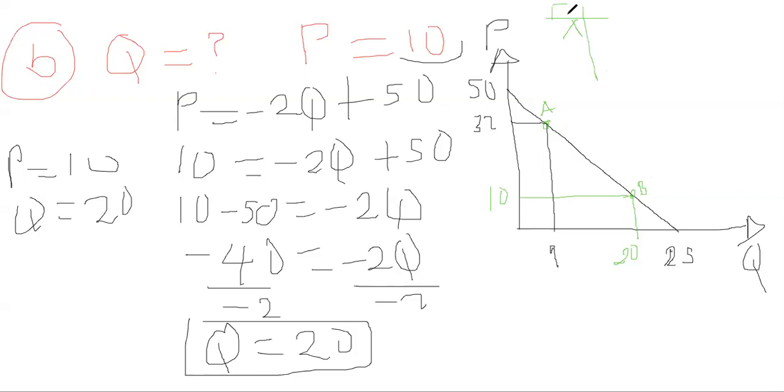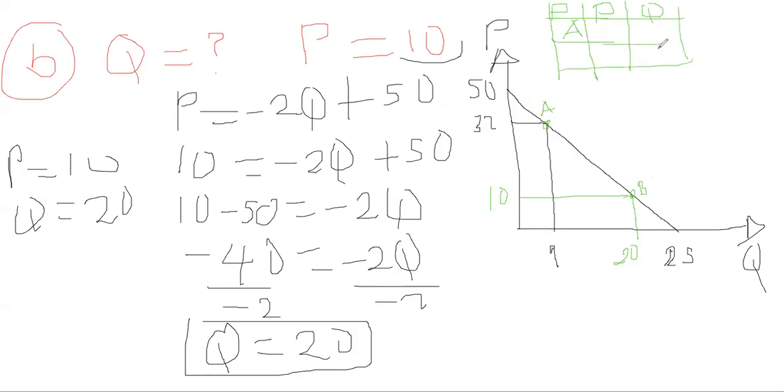Let's look at this in terms of the graph and table. We have point A here. At point A, the price, then we have quantity.